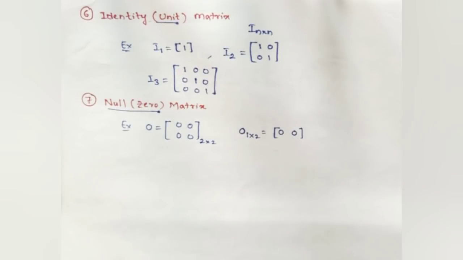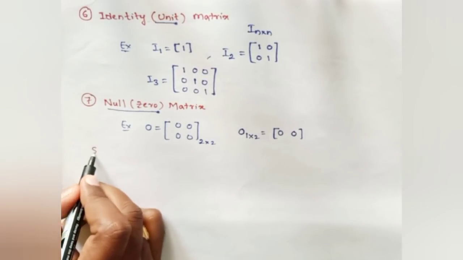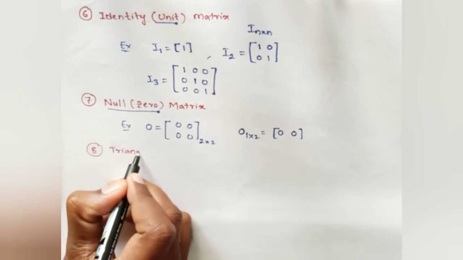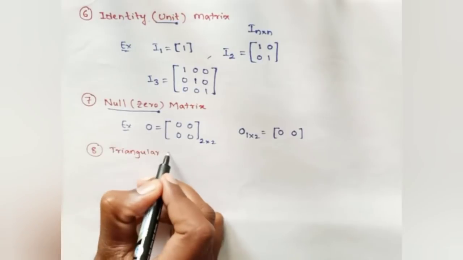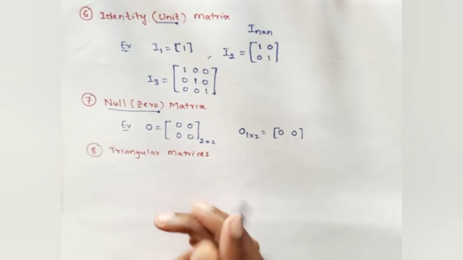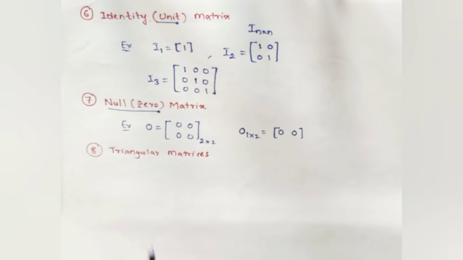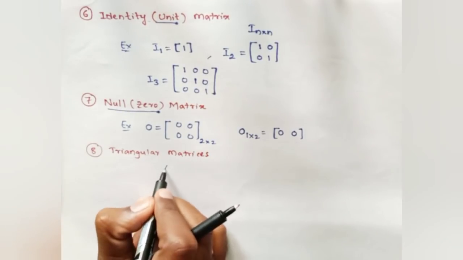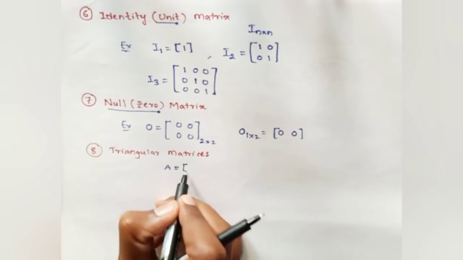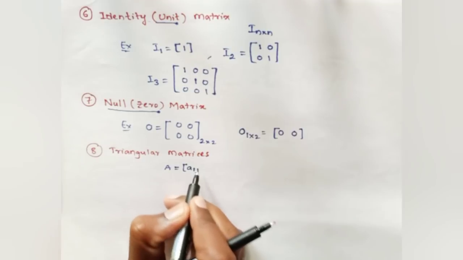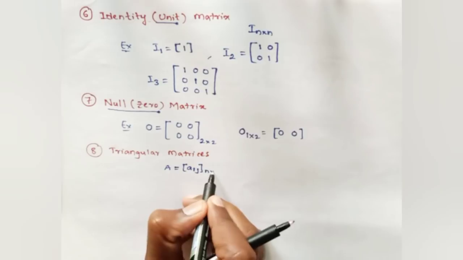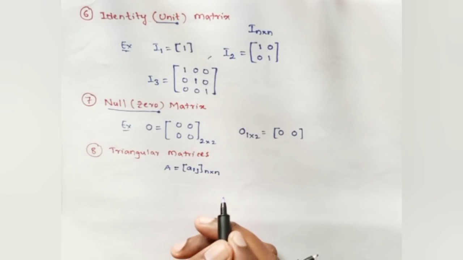The next, triangular matrices. So consider a matrix A equals Aij of order n by n, meaning it is a square matrix.